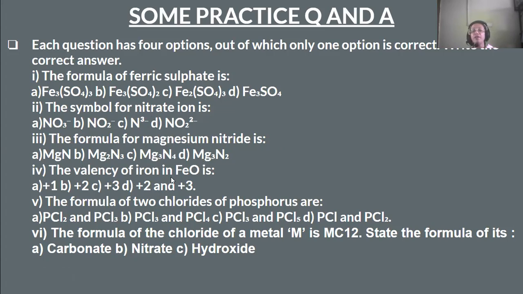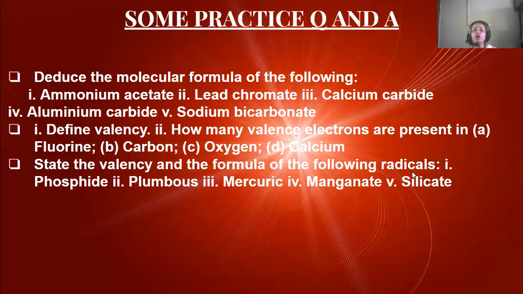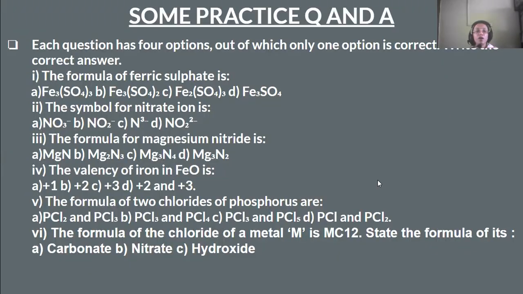The valency of iron in FeO is what? +1, +2, +3, or +2 and +3. The formula of 2 chlorides of phosphorus: A is PCl2 and PCl3.